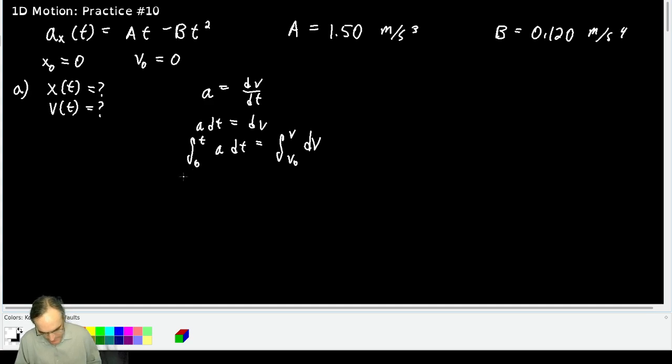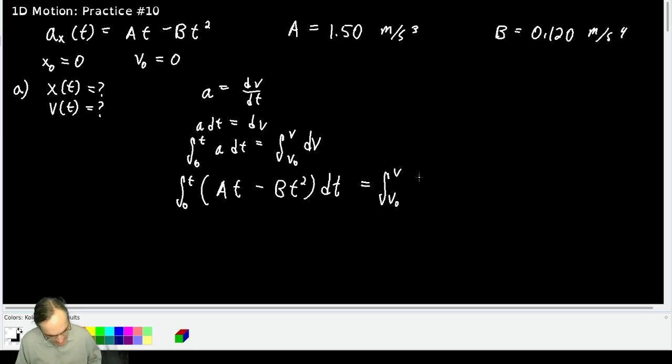All right, integral 0 to t, parentheses, at minus bt squared dt equal to integral v0 to v of dv. The result's pretty easy. So at dt, take the integral, you get a over 2 t squared.